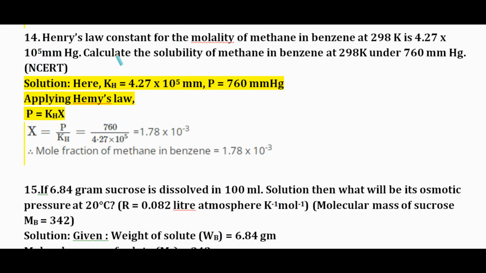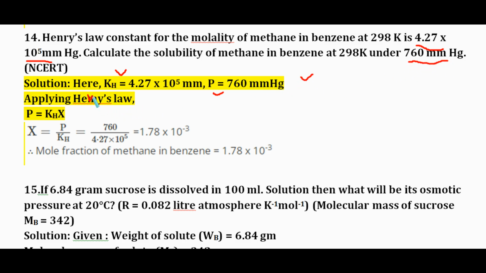Next numerical is Henry's law. Constant for the molality of methane in benzene at 298 Kelvin is 4.27 into 10 to the power 5 mmHg. Calculate the solubility of methane in benzene at 298 K when under 760 mmHg. Here Kh, Henry constant, is 4.27 into 10 to the power 5, and pressure is 760 mmHg.